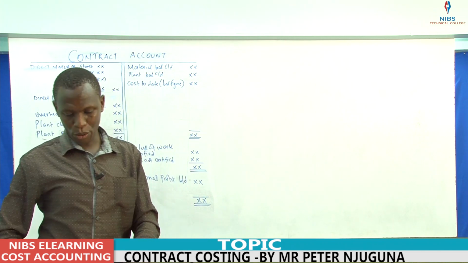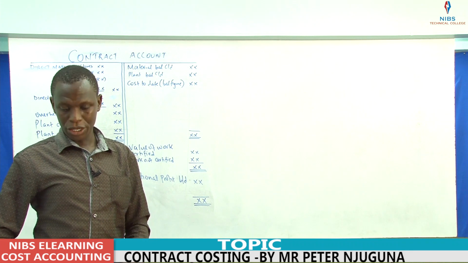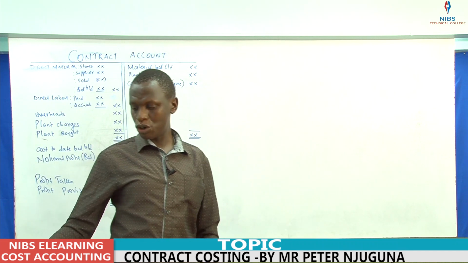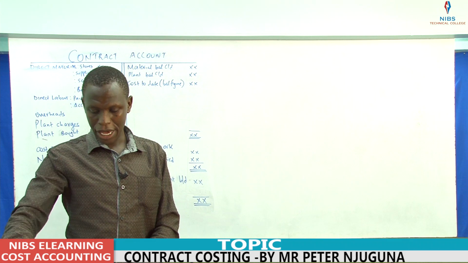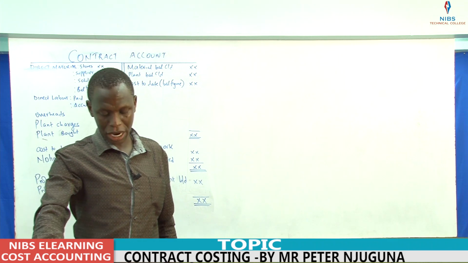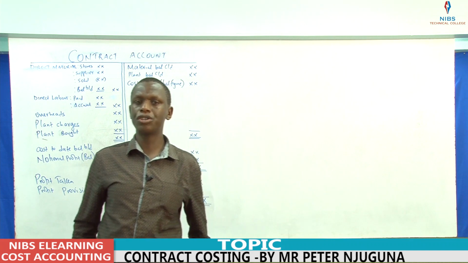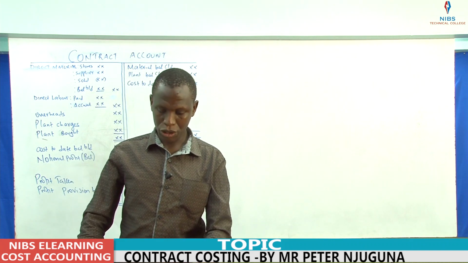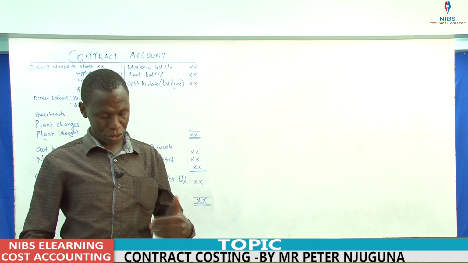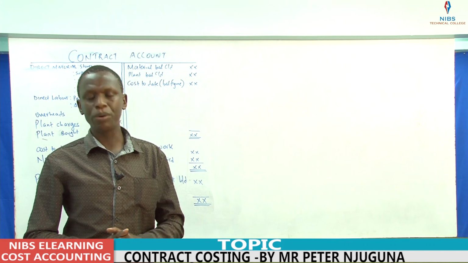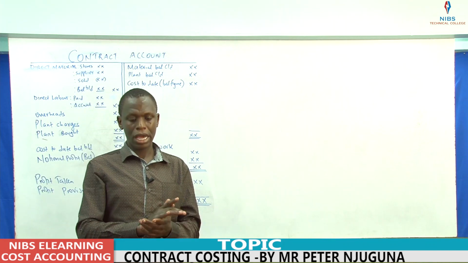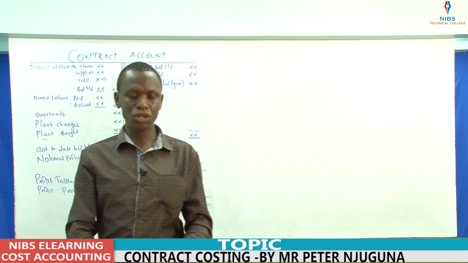Now, last time we were looking at job order costing and batch costing. I saw some concern. We had looked earlier at a topic known as contract costing, and I saw some concern among some students. They were not properly understanding how we prepare a contract account.